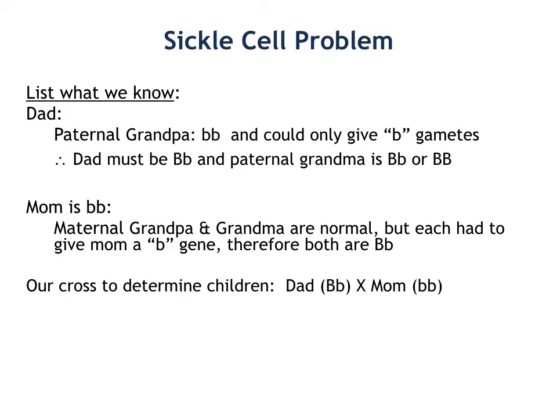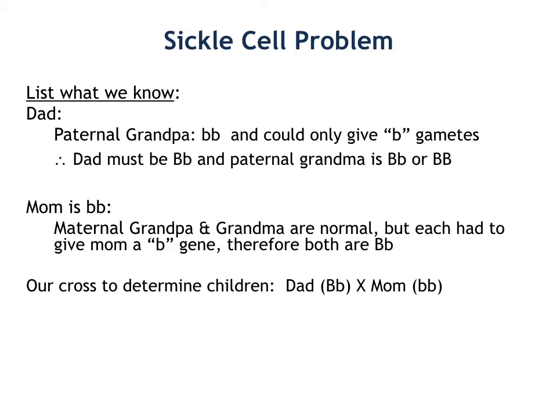She had to inherit from both of them. So therefore we know that the maternal grandparents are both heterozygous, big B, little b. Do you understand that? Okay, so now we have Dad, we have Mom, the paternal grandparents and the maternal grandparents. And then we need to figure out the possibility for the children.